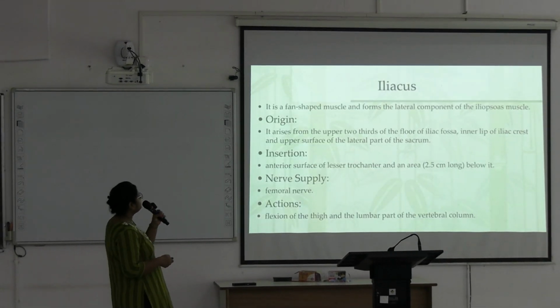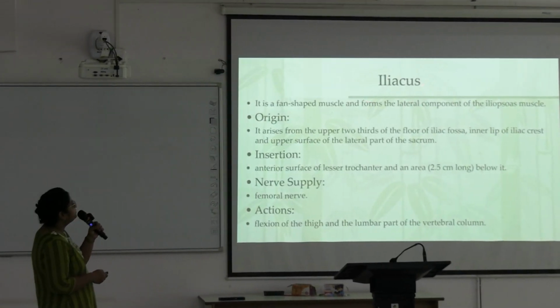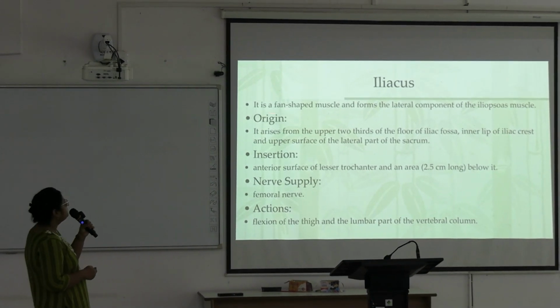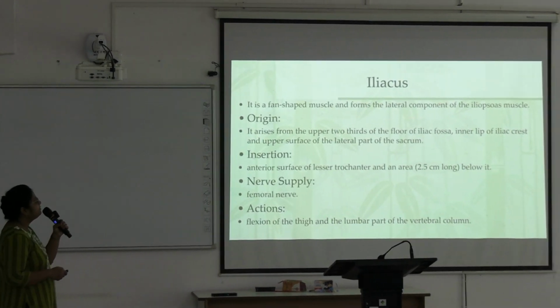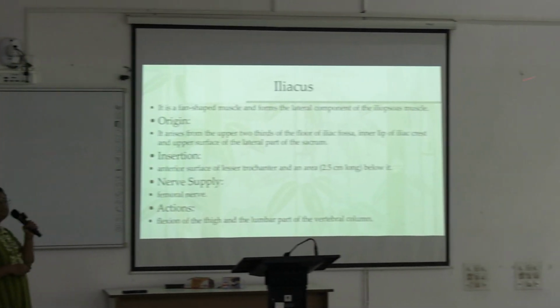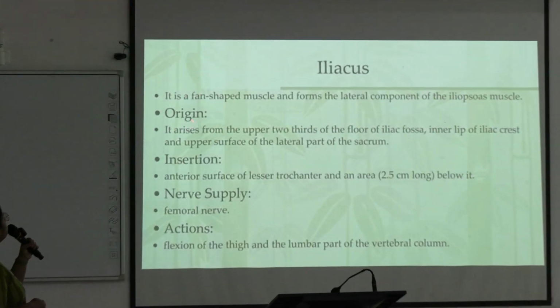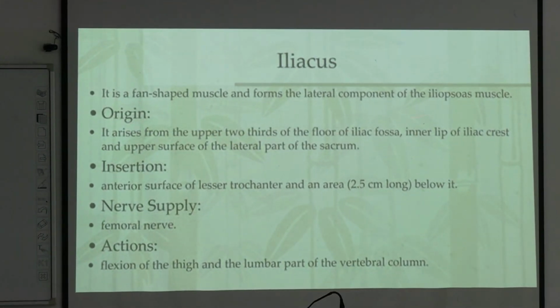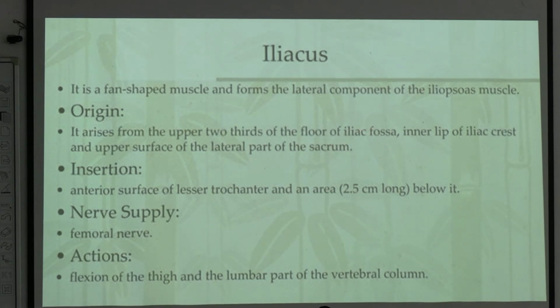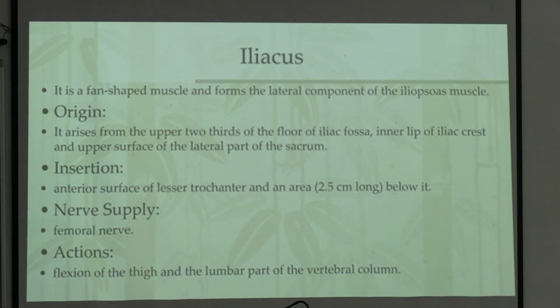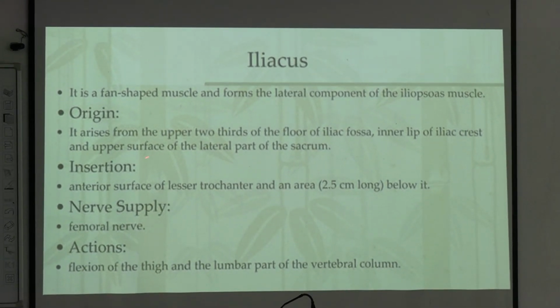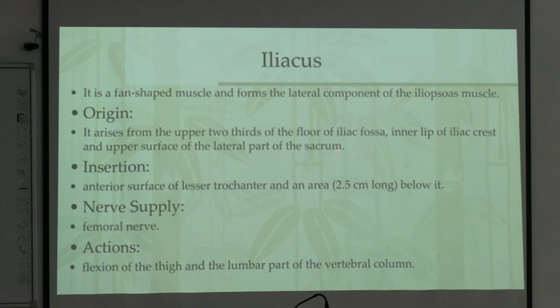Next we go to iliacus. It is a fan-shaped muscle, forms the lateral compartment of the iliopsoas muscle. Origin: it arises from the upper two-thirds of the floor of the iliac fossa, inner lip of the iliac crest and upper surface of the lateral part of the sacrum.